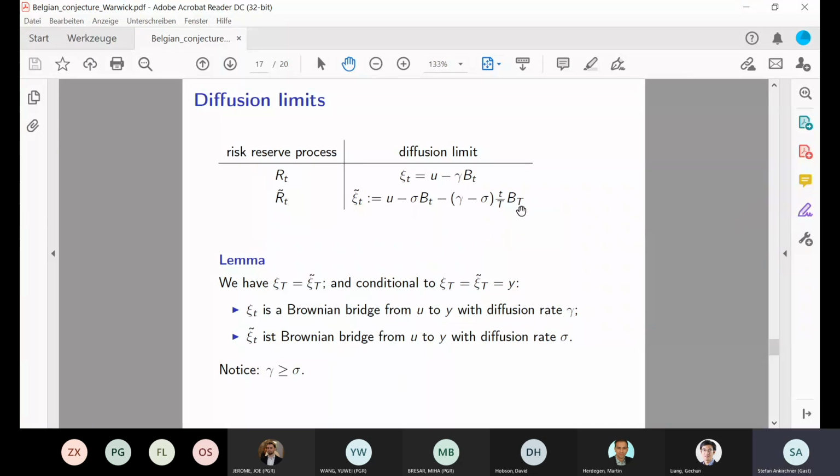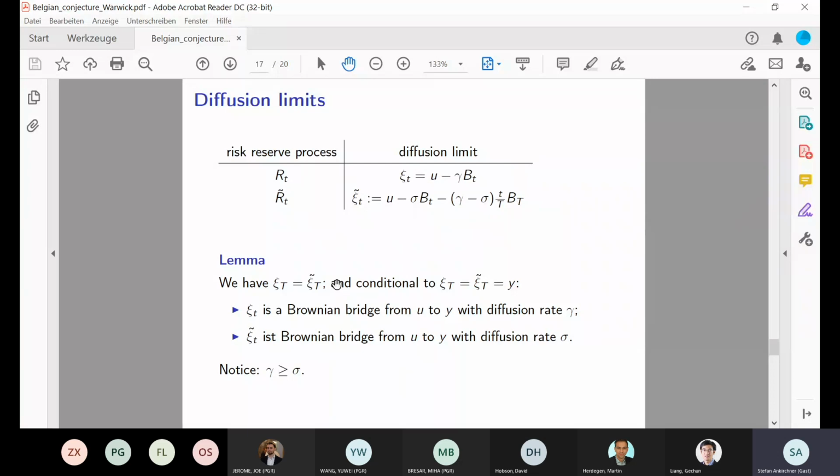Now, at time capital T, these two processes coincide. If you take capital T here, we have a 1. The sigma terms cancel out, and we have indeed equality. It's the same as for the initial reserve risk reserve processes.